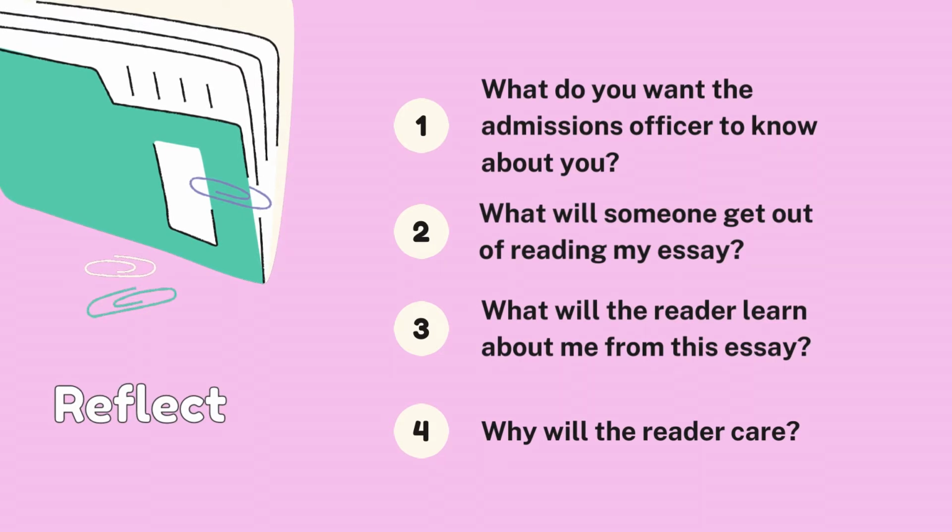So you really need to reflect on A, why are you sharing this? And B, why would they care about learning about this about you? And with this, you do want to ask other people their opinion as well, because you might think you are coming off a certain way, but when another set of eyes reads your essay, they might not get the same feeling.